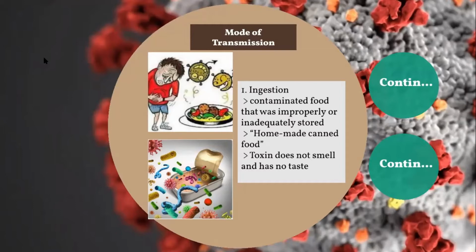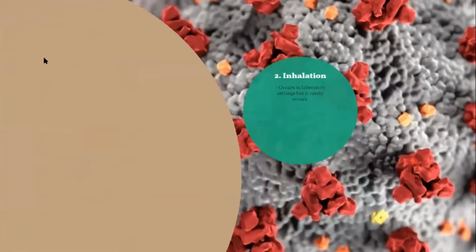For example, homemade canned food that was not properly pressurized and heated to destroy the bacteria. It is also very difficult to identify if the food has Clostridium botulinum because it has no smell and no taste.